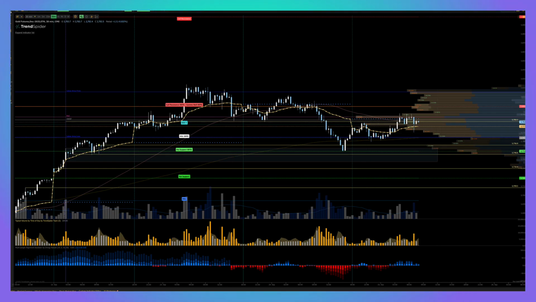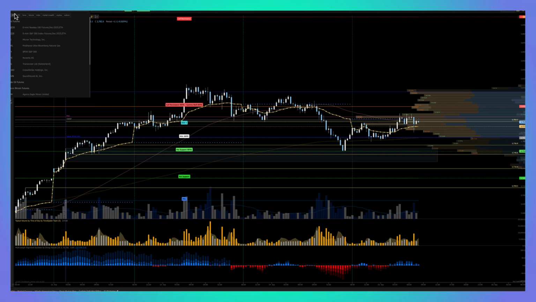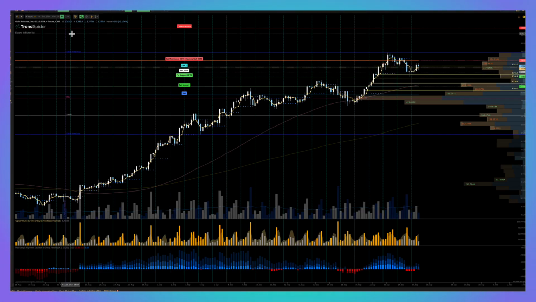That big picture, turn it into a storyboard for yourself. And oh, wait, let's see what the 4 hour looks like here. Okay, so we had, yeah, that is just a mess. We have high, low, lower high, lower low.